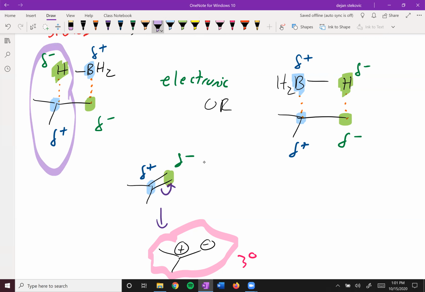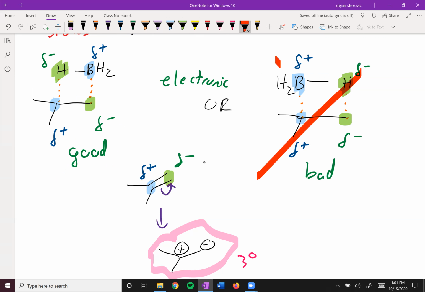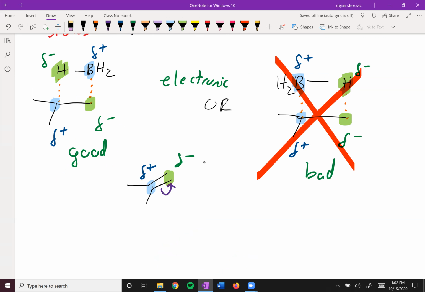We've got opposites attracting here, and so that's good from an electronics perspective. And then here we have the same charges right next to each other. If we think about two positive charges next to each other, that's bad overall. And so this right side essentially does not form.